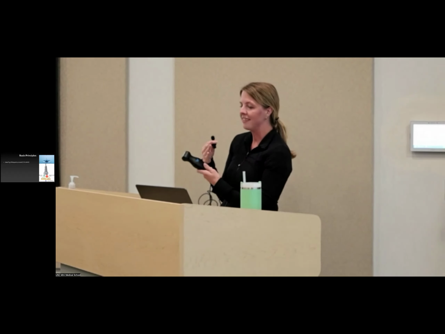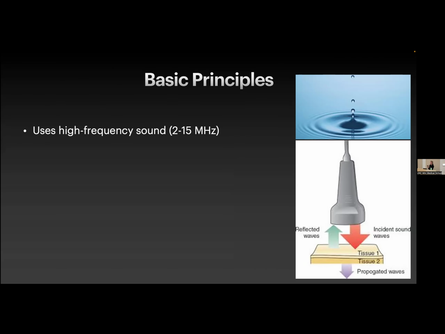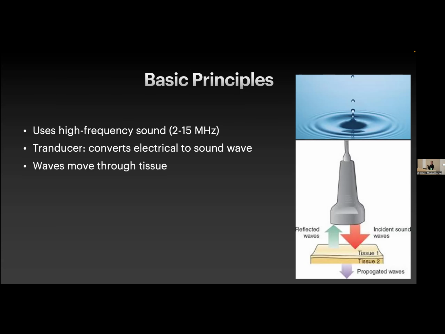It uses this transducer to create high frequency sound. And the transducers can be at different levels of frequency. And there are crystals in here that move. And when the crystals move, that forms a beam. And that beam is then transferred as sound waves that propagate through the body. As we mentioned, the waves move through, they meet something, whether it be bone, soft tissue, an organ, fluid, gas.